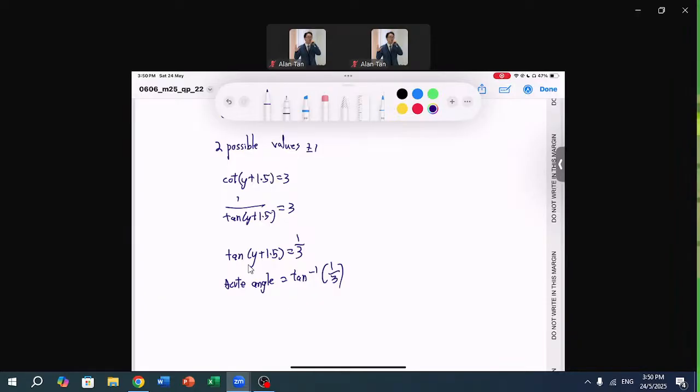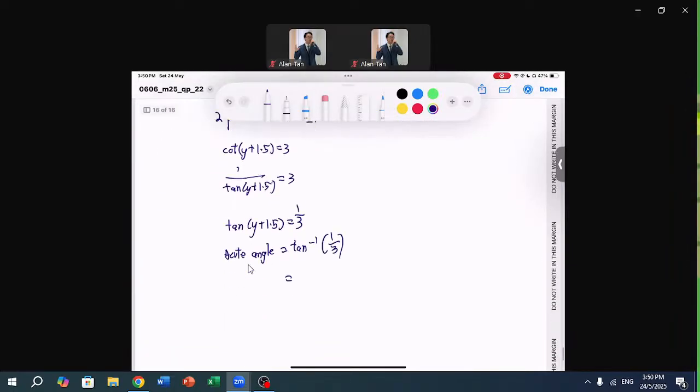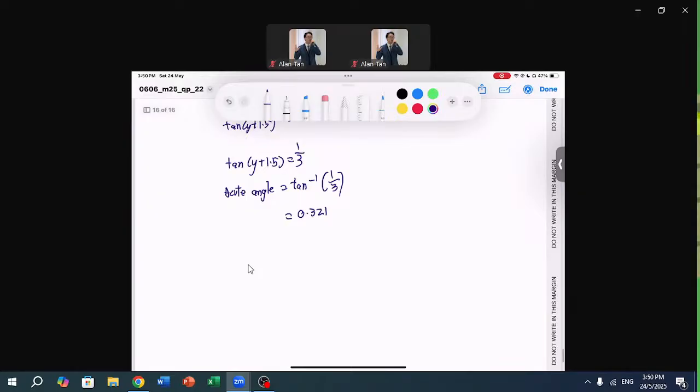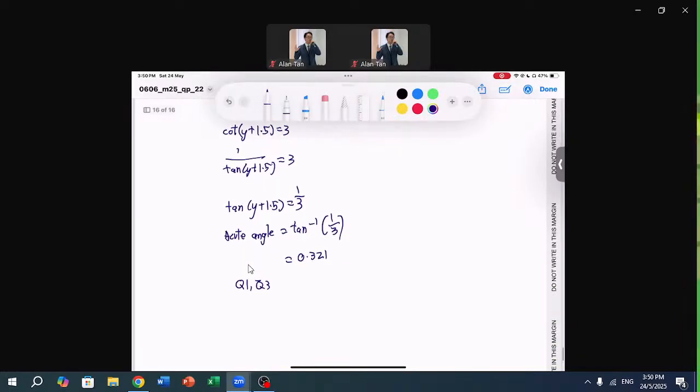This gives me an acute angle of 0.321. Okay, so this tells me that it's definitely not in. Now, usually quadrant 1 and 3 is our range. But as you can see, 0.321 is not within our minimum range.